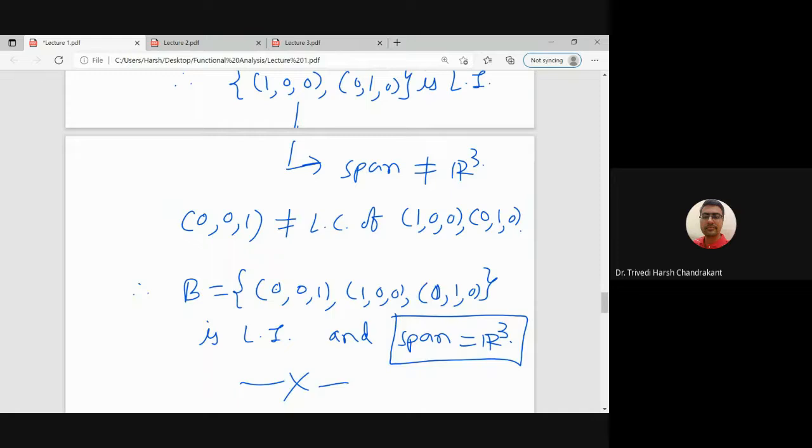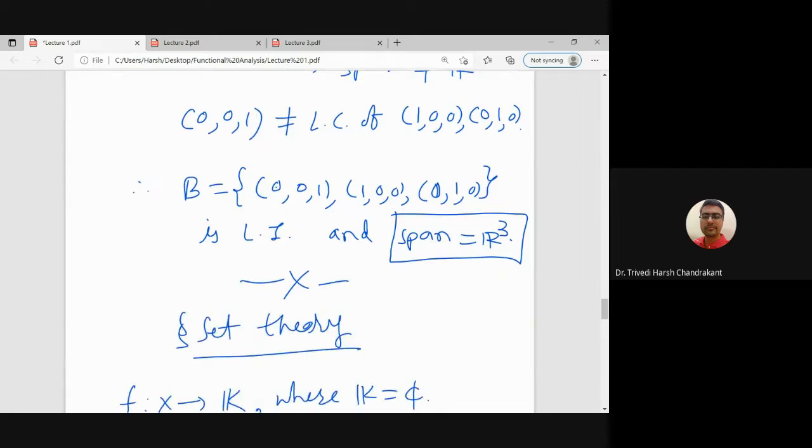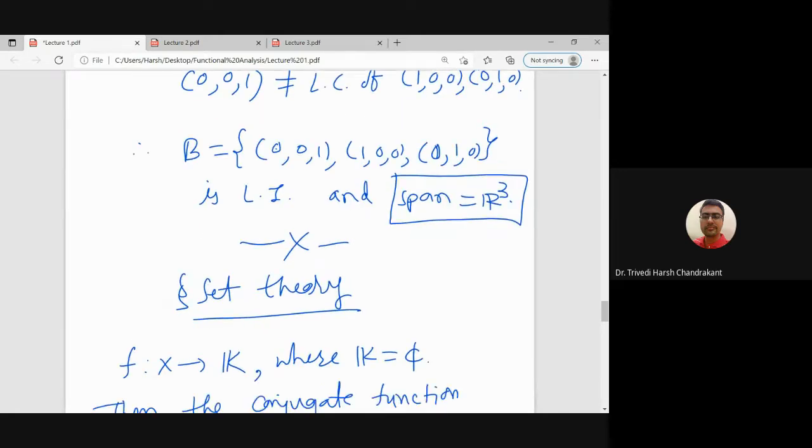So these two conditions are there: the set is linearly independent and its span is the whole vector space X. If those two conditions are satisfied, then that set is known as a basis of the vector space, and that was given by Hamel, so it is known as Hamel basis.